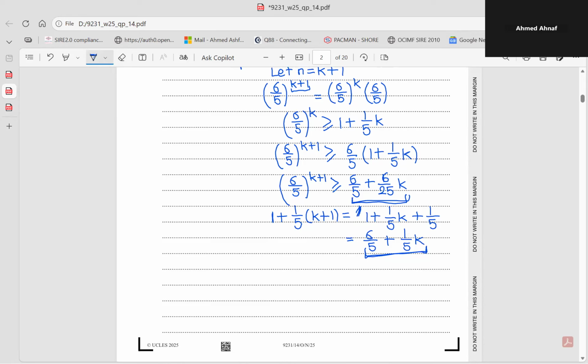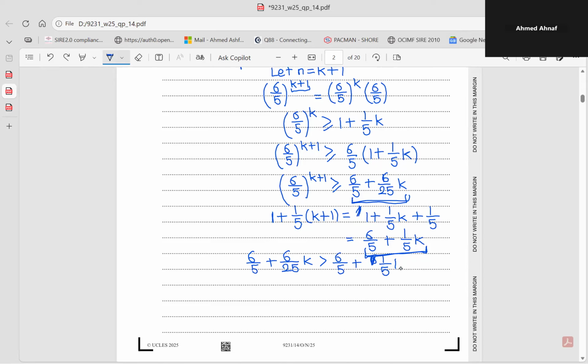Just by changing the denominators, you can see that this is clearly bigger than this. So we can confidently say that 6 over 5 plus 6 over 25k is more than 6 over 5 plus 1 over 5k.